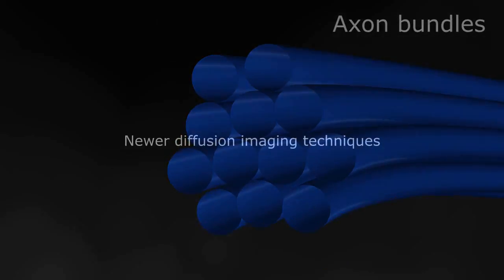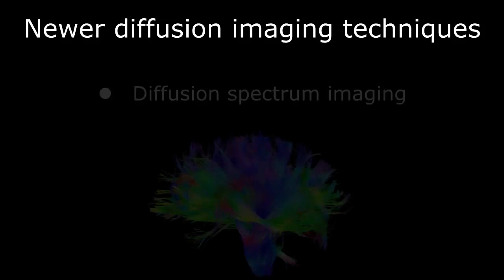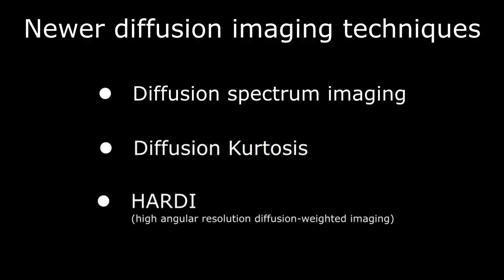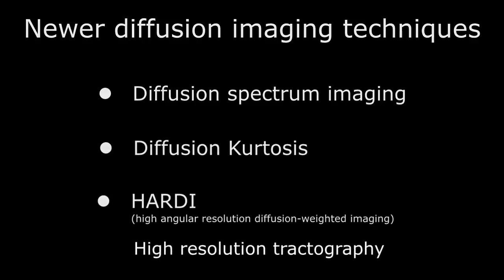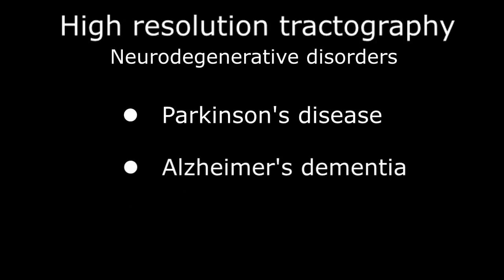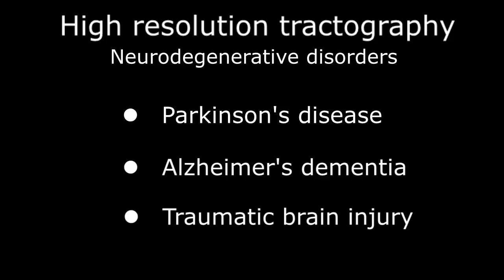Newer but computationally intensive techniques such as diffusion spectrum imaging, diffusion kurtosis, and Hardy show promise as high-resolution tractography algorithms that may give us some anatomic insight into some of our most devastating neurodegenerative disorders such as Parkinson's and Alzheimer's, as well as post-traumatic injury to the neuronal fiber tracts.